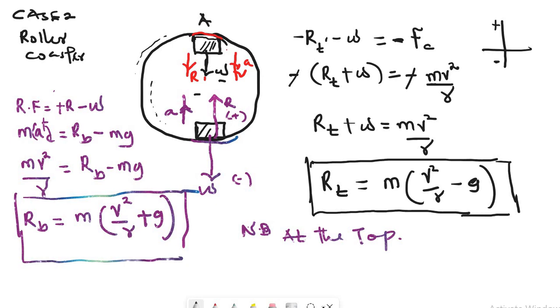I've already said that the weight and the normal force both act toward the center. Which means that the centripetal force at the top will be greater than the weight.